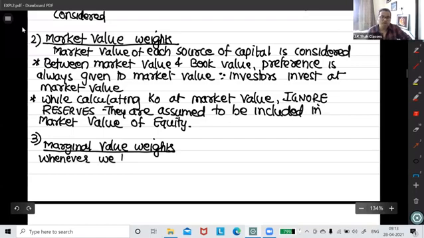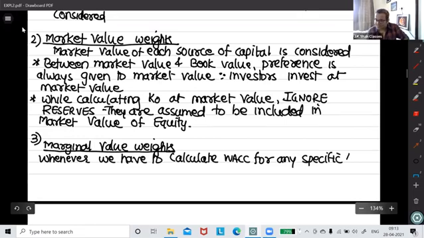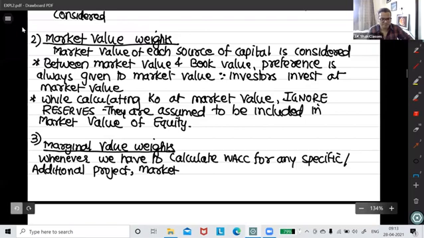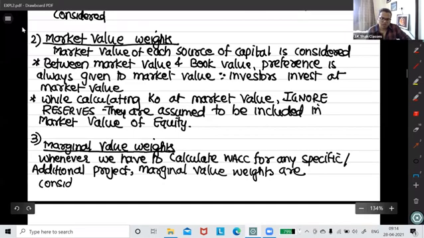So right over here, whenever we have to calculate WACC for any specific or additional project, marginal value weights are considered.